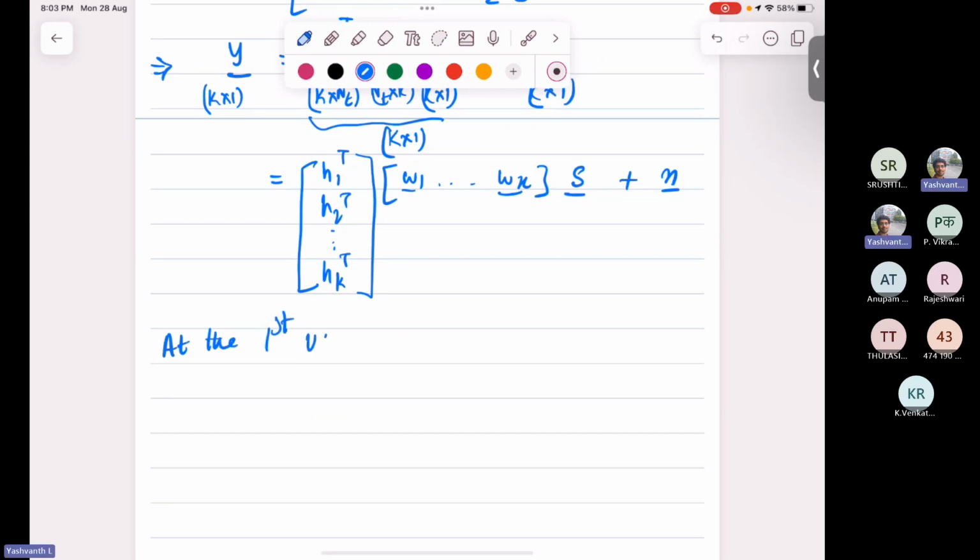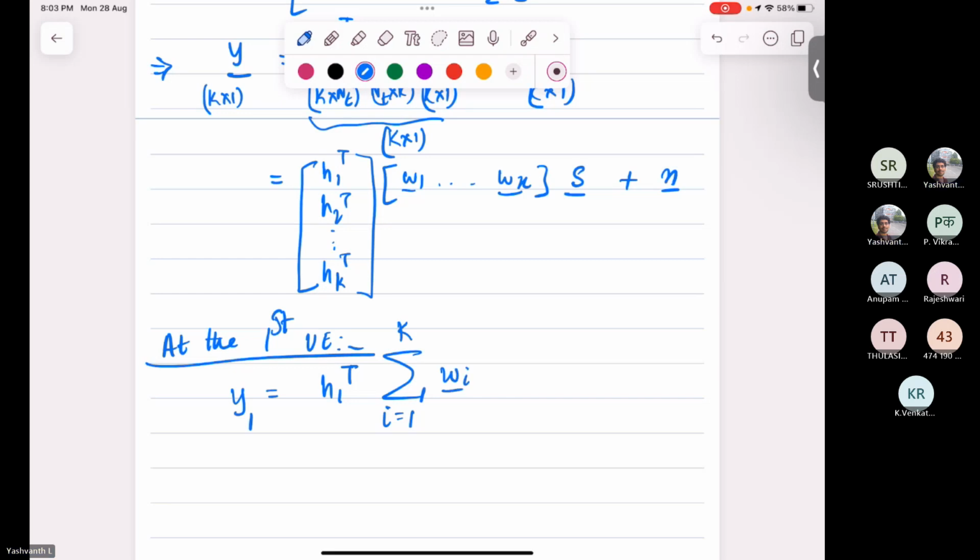At the first user, Y1 is a scalar equal to H1 transpose summation of i equal to 1 to K Wi Si plus N1.